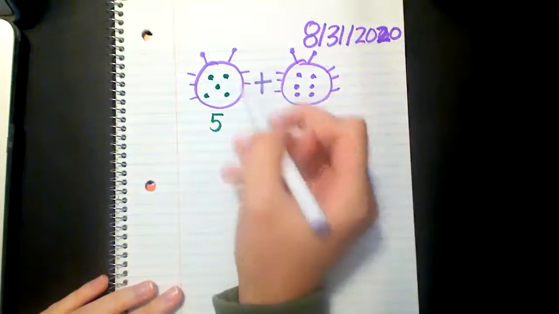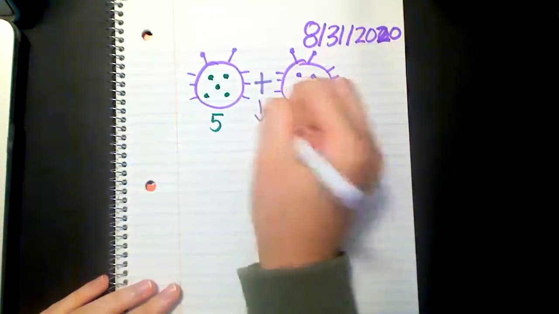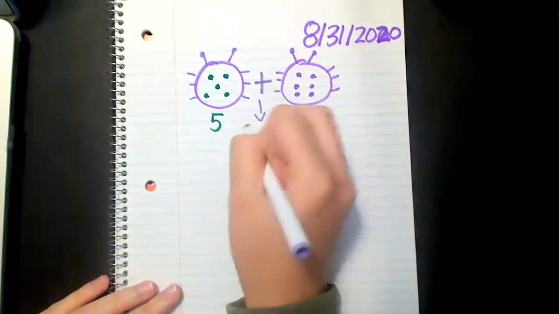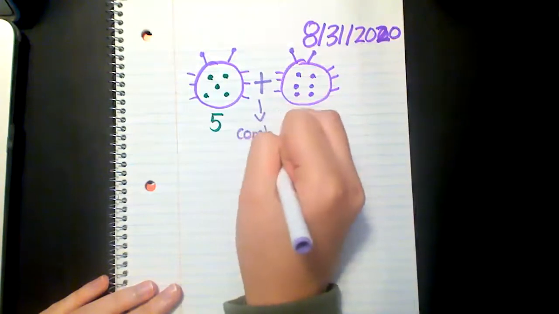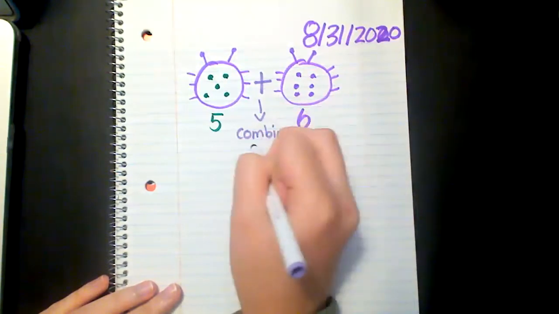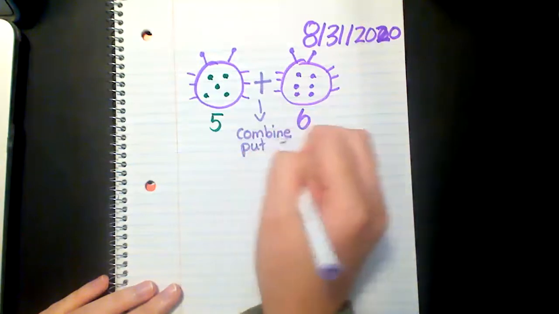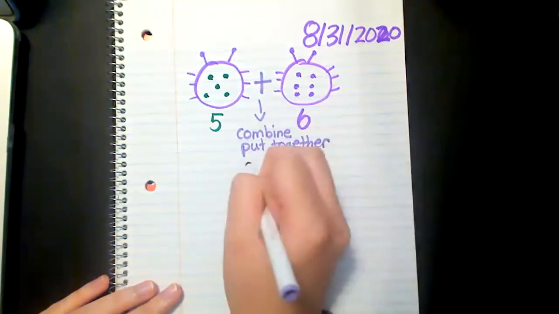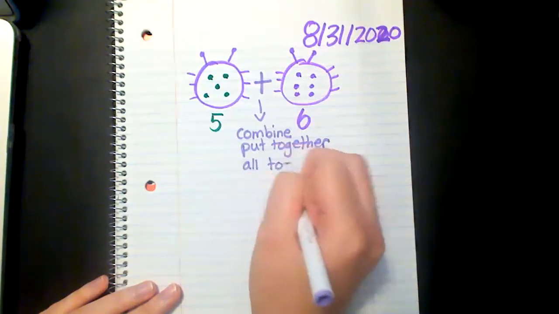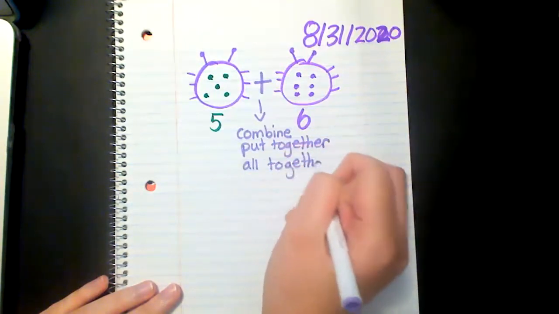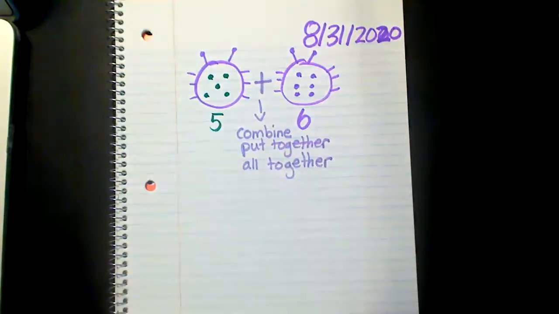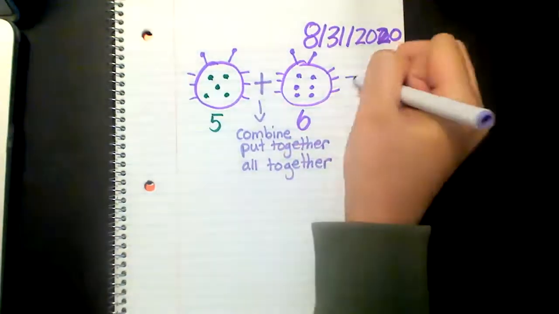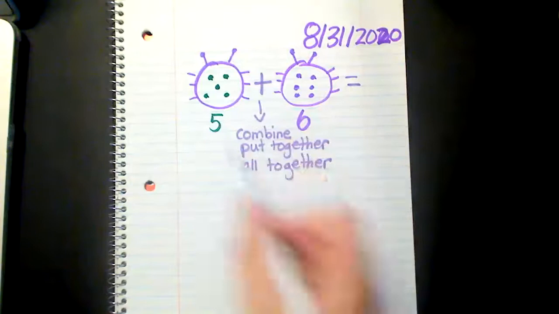So addition means to combine or put together. You can even say all together. And that's what we were going to find out, how many dots are there all together.